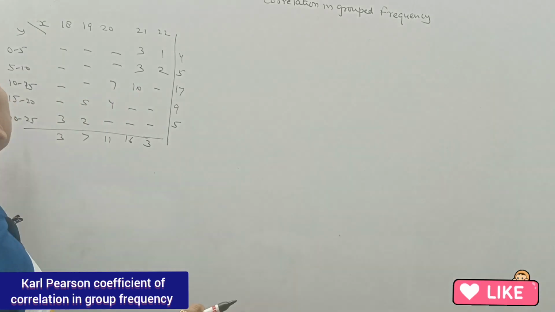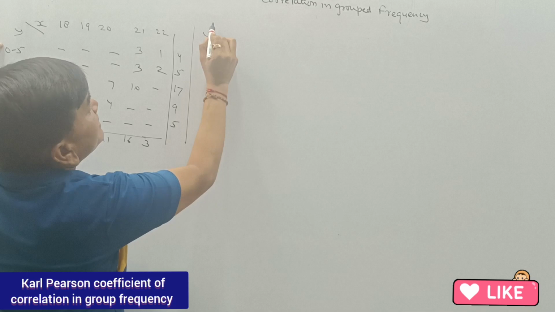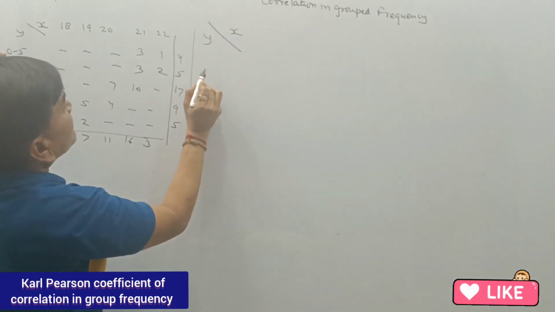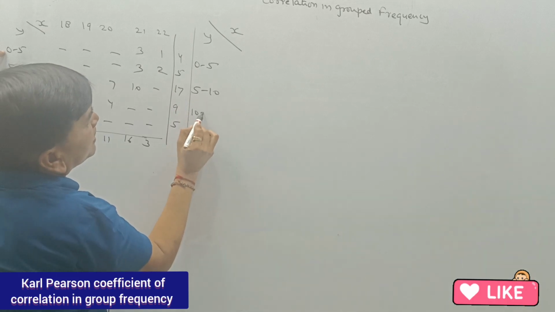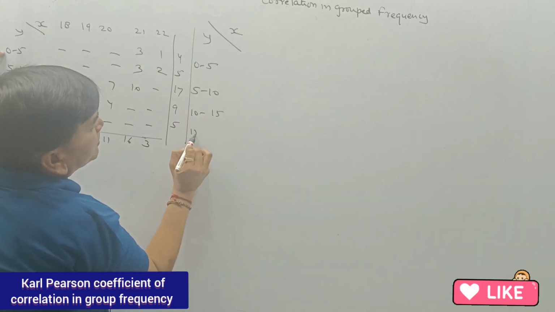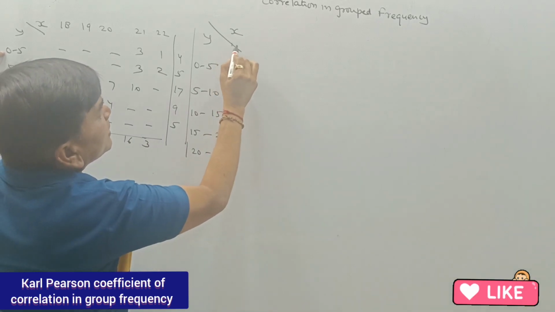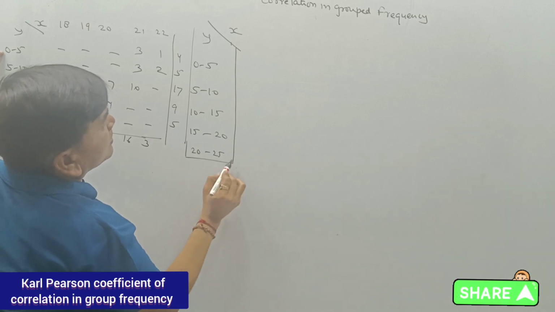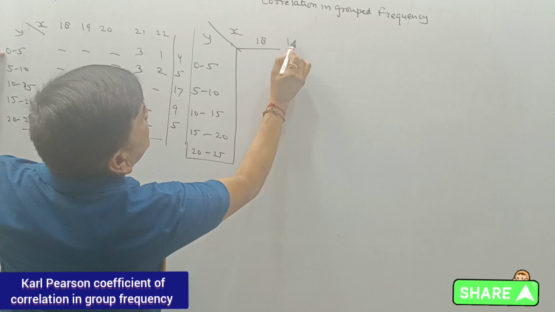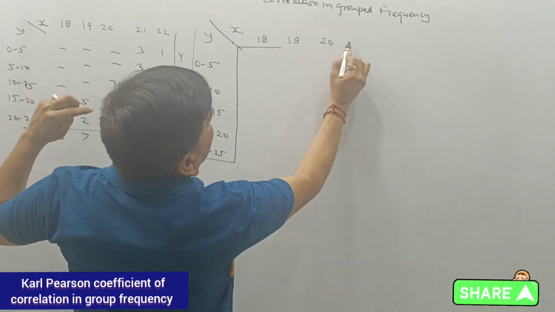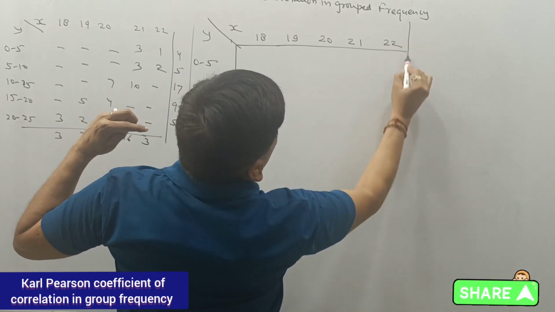Just write here. Taking the Y series as class intervals: 0 to 5, second 5 to 10, third 10 to 15, 15 to 20 and the last one 20 to 25. And the X series is 18, 19, 20, 21 and 22.